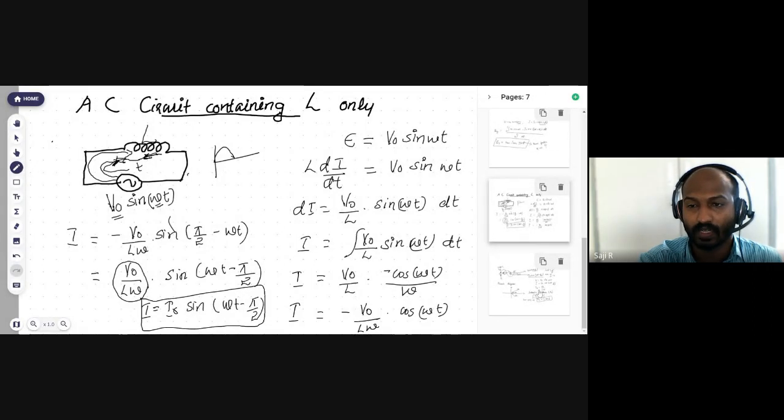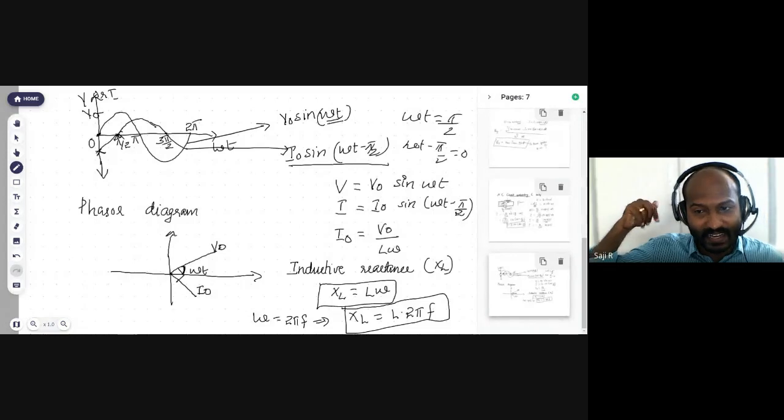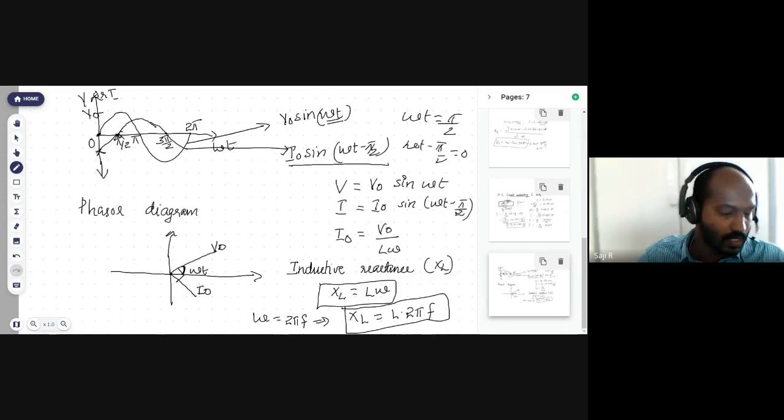That is the next point. There is a phase difference between voltage and current of pi by 2, and the current lags behind the voltage. Here voltage is leading, current is lagging. Now the maximum value of current is I0 equal to V0 by L omega, where L omega is known as inductive reactance. And inductive reactance depends on frequency.